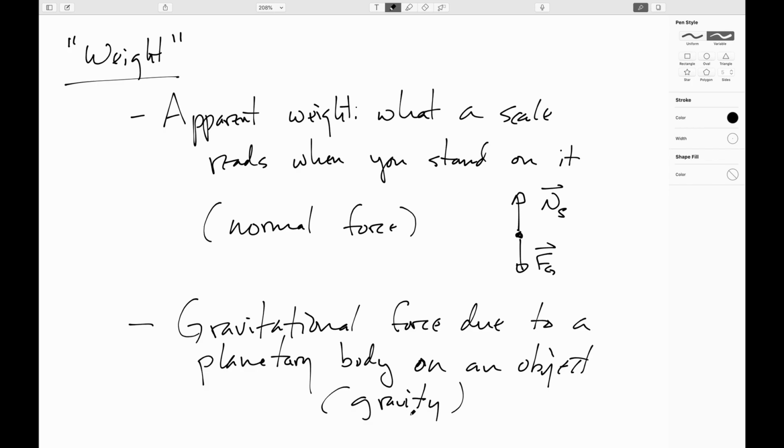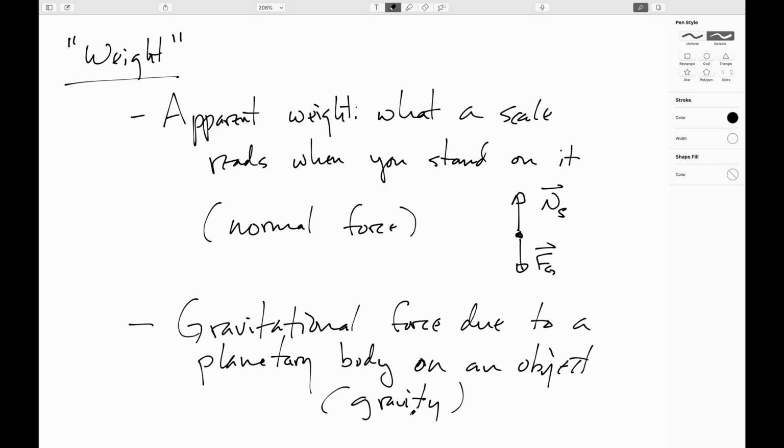And this is just getting to the fact that physicists do not have a universally agreed upon definition of the term. Some books are very good about following their definitions, but a lot of them actually aren't. And so whenever you look at a problem that has the word weight crop up in it, really the first thing you need to do is figure out which of these two are we talking about.